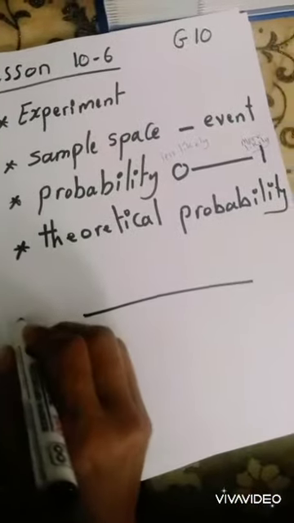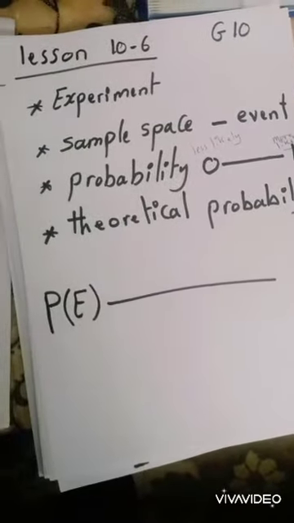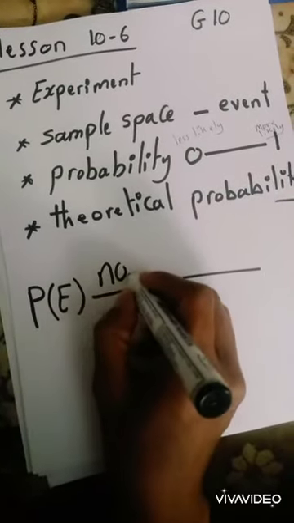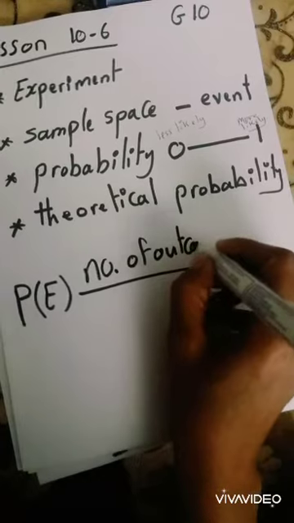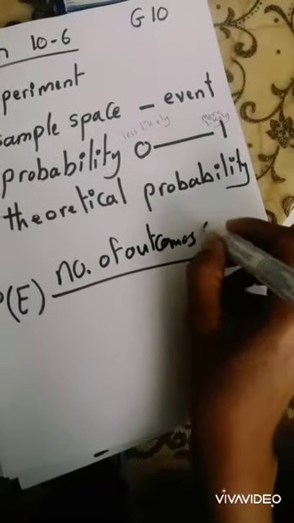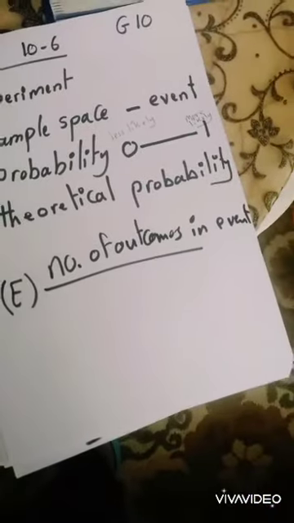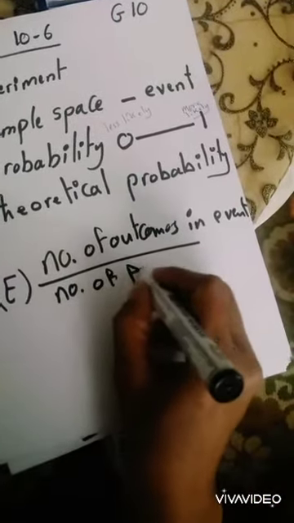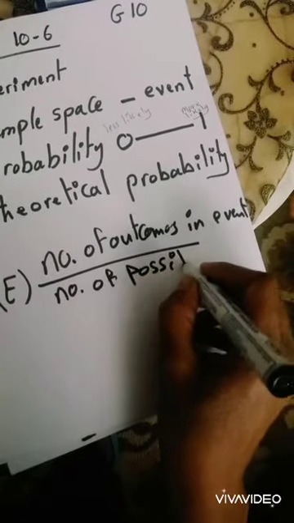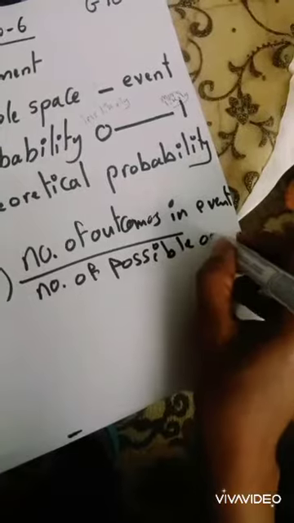So P, the probability of an event, is the number of outcomes in the event over the number of all possible outcomes.